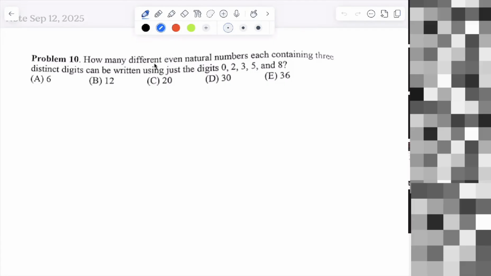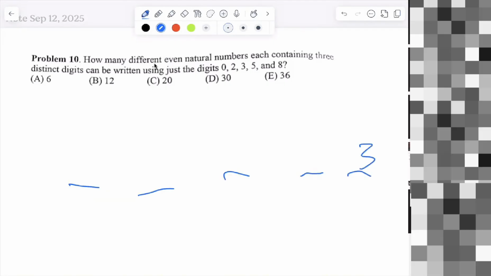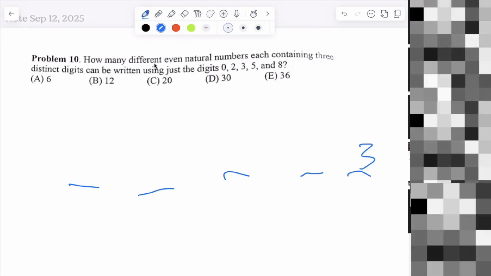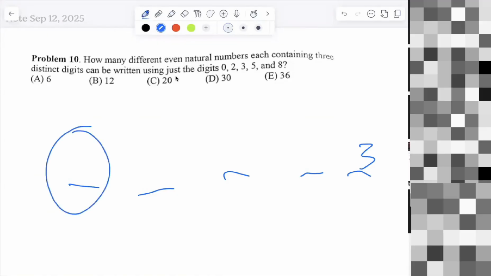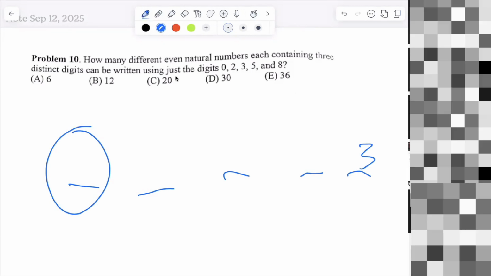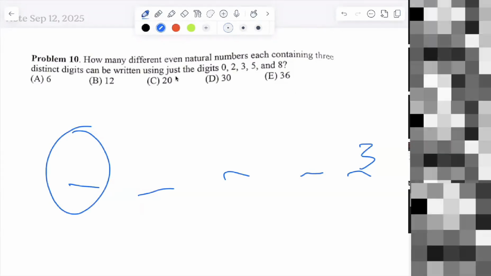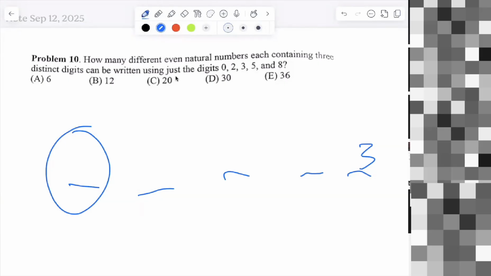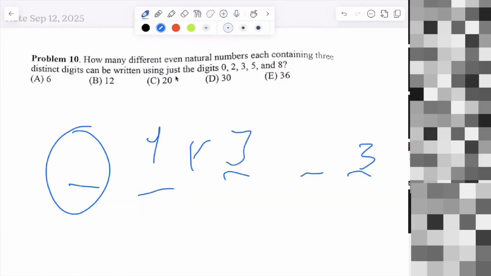We can choose three digits for the last one, and for the first digit we have four choices. We can just rearrange the remaining. It's because of 4 times 3 times 3.